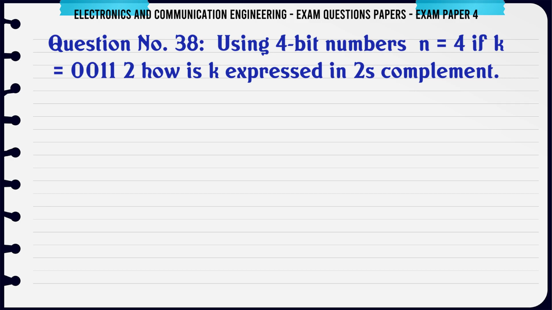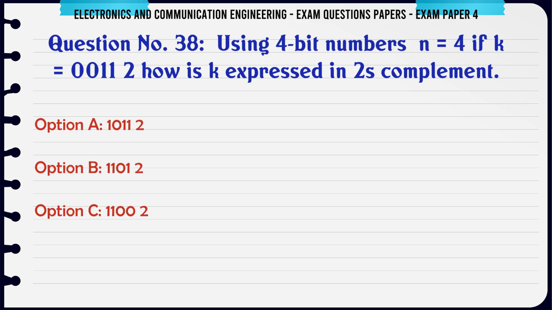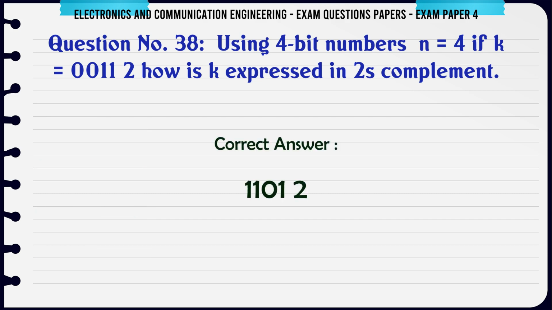Using 4-bit numbers, if K = 0012, how is -K expressed in 2's complement? A. 1011, B. 1110, C. 1100, D. 0101. The correct answer is 1110.